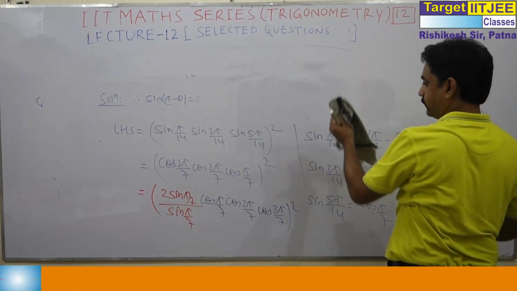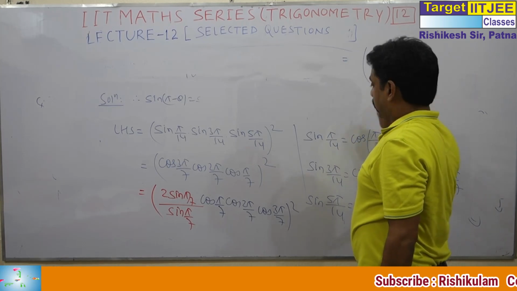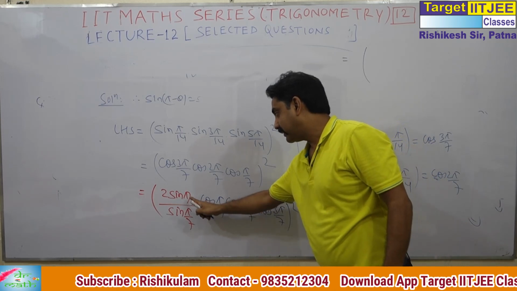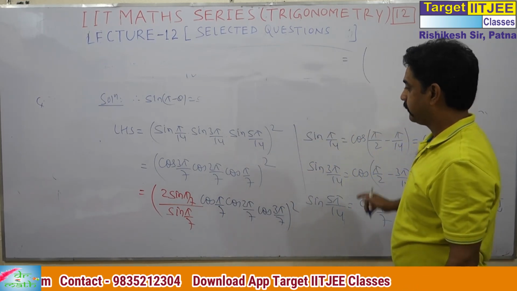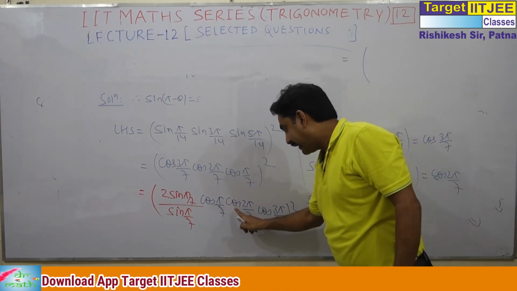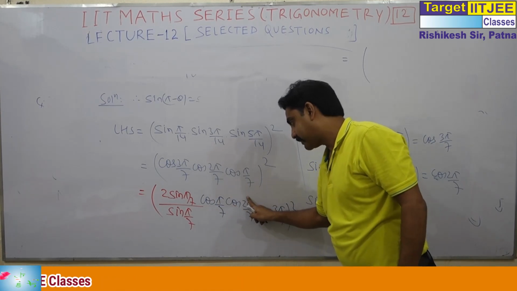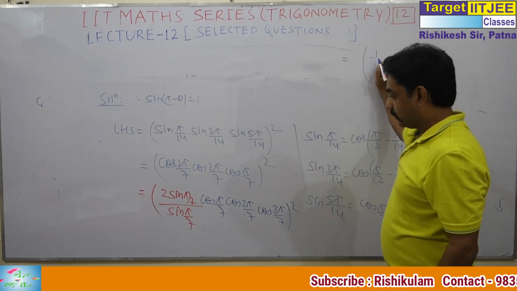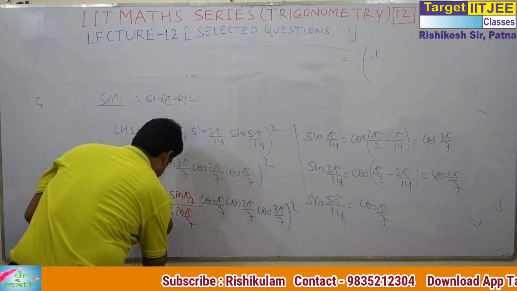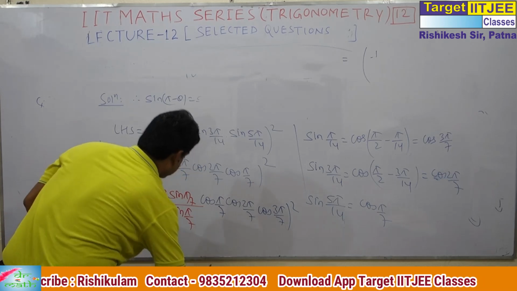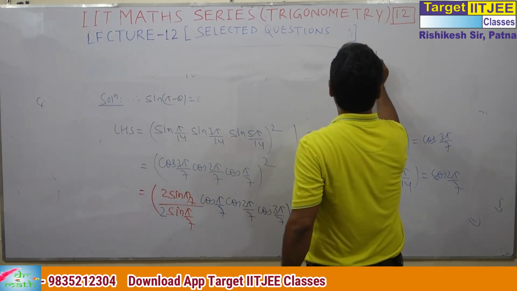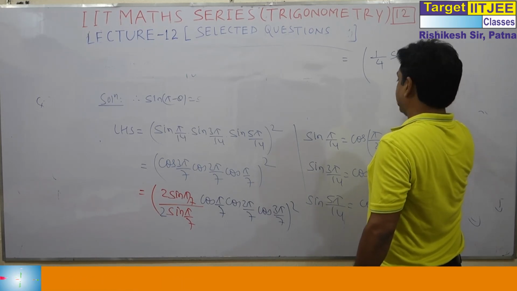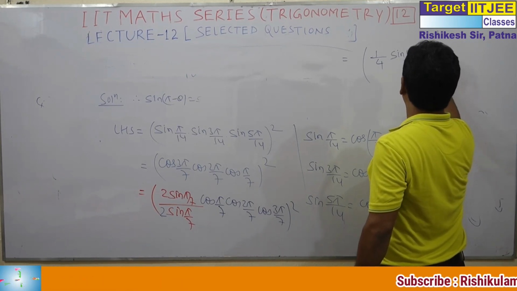Now, let's see. 2 sin pi by 7 into cos pi by 7 is sin 2 pi by 7. And again, when sin 2 pi by 7 is multiplied by this, cos 2 pi by 7, we get cos 4 pi by 7. So we get here 2 is missing here. There are also 2. Means we get 1 by 4 sin 4 pi by 7 cos 3 pi by 7.